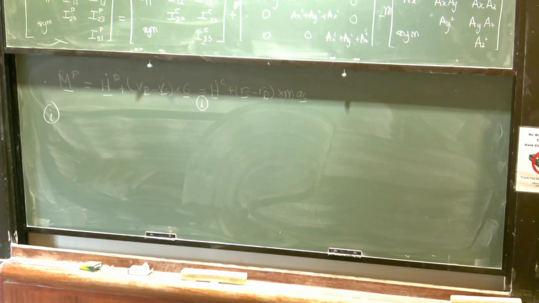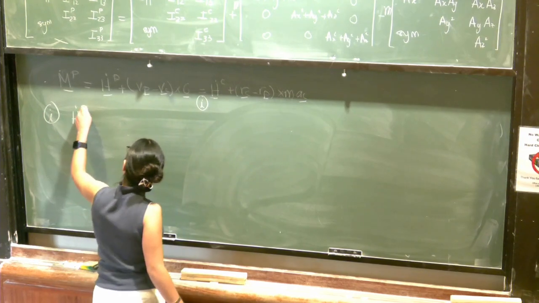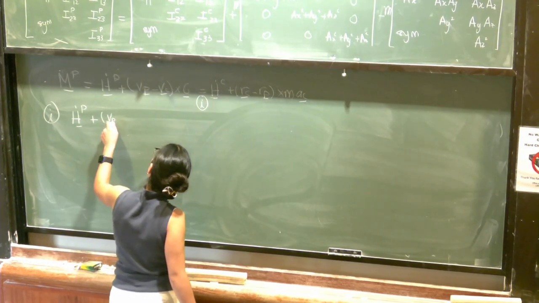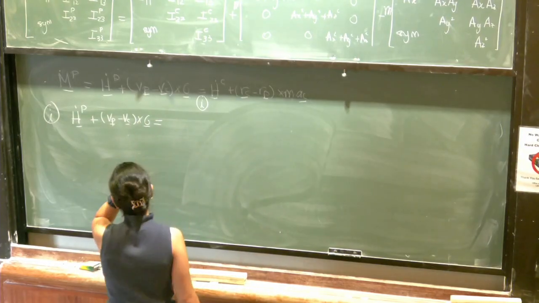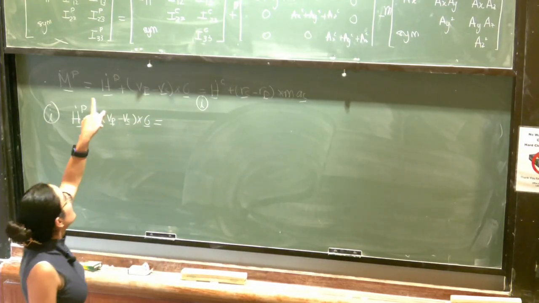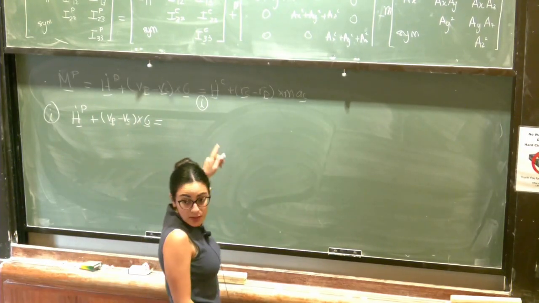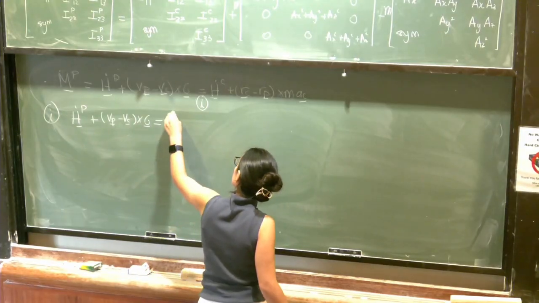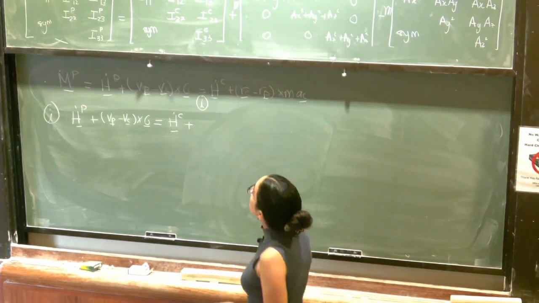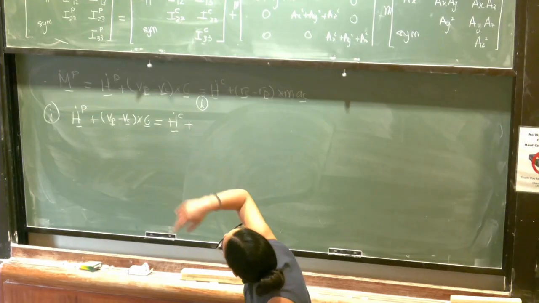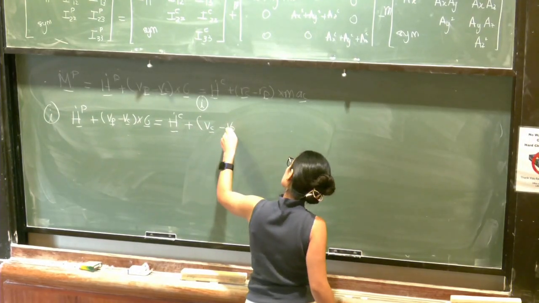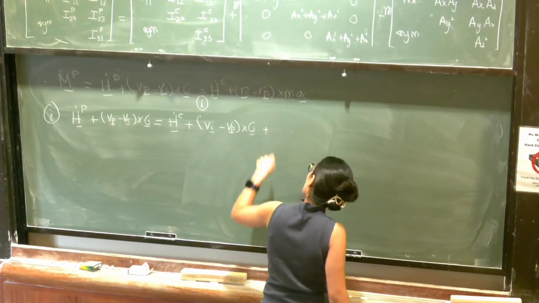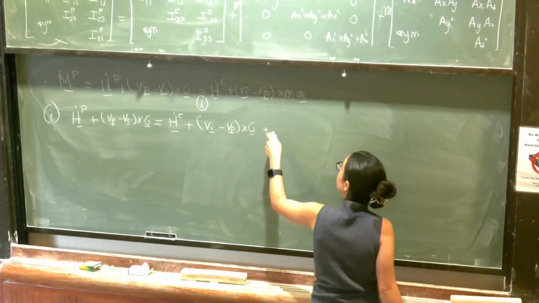Maybe I can start with this side, H dot P plus Vp minus Vc cross G is equal to, well, what is Hp? It is up there, right? So H dot P is H dot C plus the derivative of the second term, Vc minus Vp cross G, plus Rc minus Rp cross G dot.